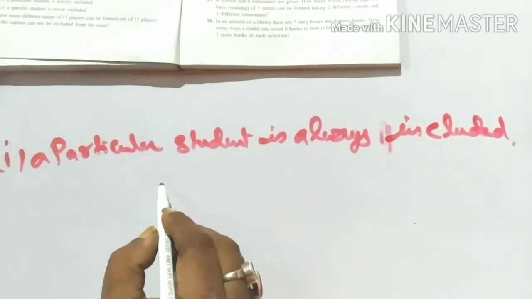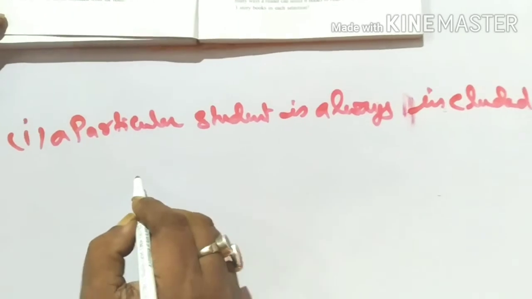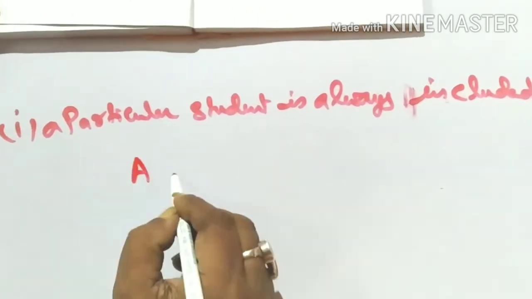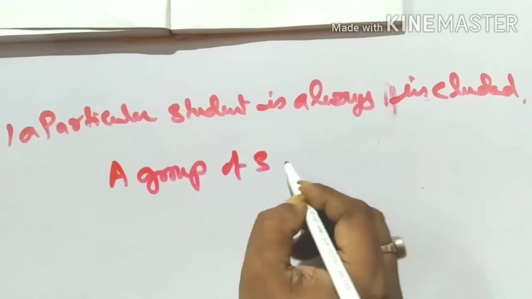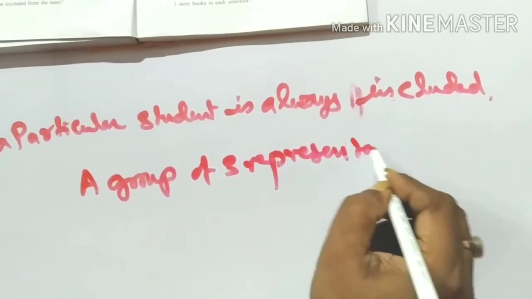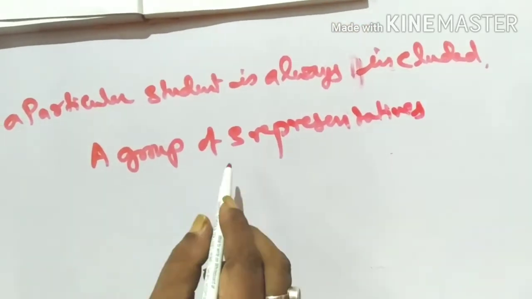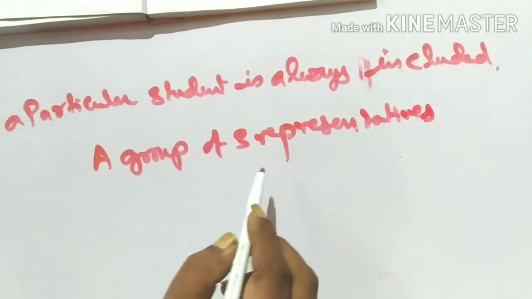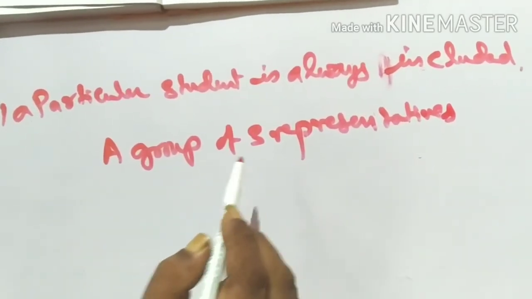That means while selecting a group of 3 representatives, you have to include that particular student in every group.